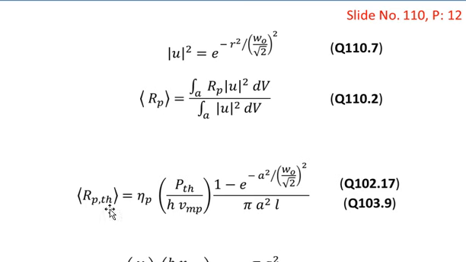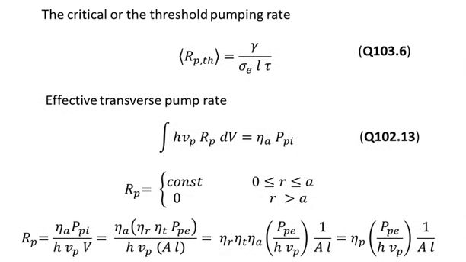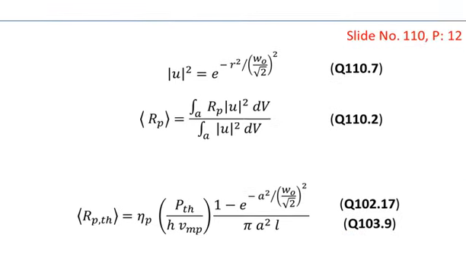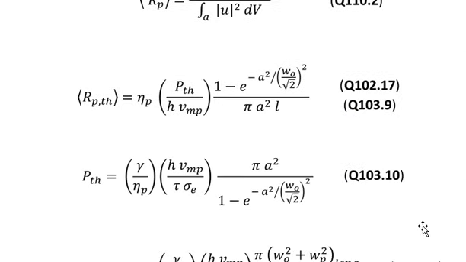So you see that I have this expression of RP, the average value of the threshold pumping rate. I also have the value of RP given in equation number 6 of question number 103. So I can equate these two equations and solve for the P threshold.